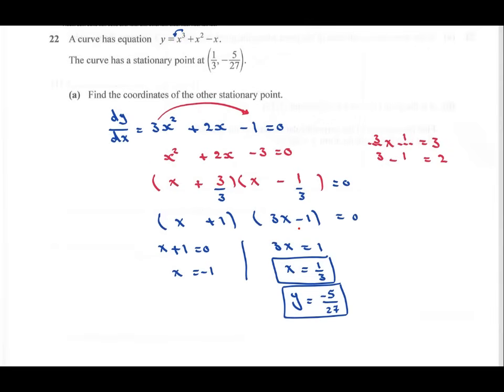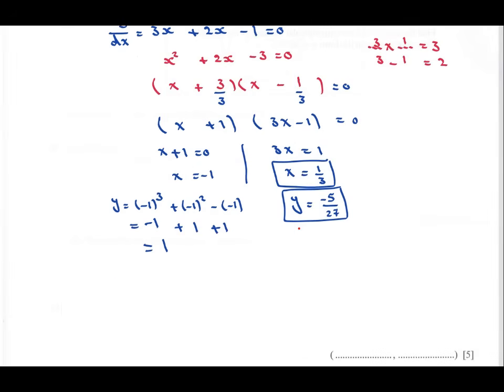We have to substitute x by negative 1 in the equation of the curve. y equals (negative 1) to the power 3 plus (negative 1) to the power 2 minus (negative 1). Negative 1 to the power 3 equals negative 1. Negative 1 to the power 2 equals 1. Minus 1 plus 1 plus 1, the answer will be 1. The other turning point is (negative 1, 1).